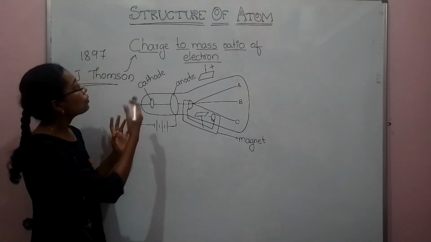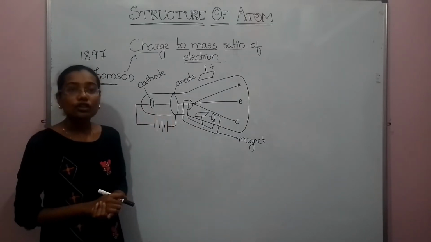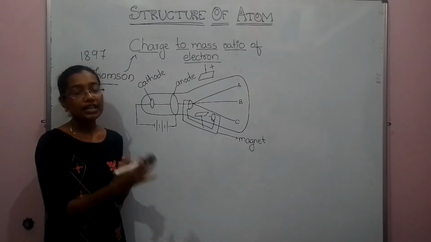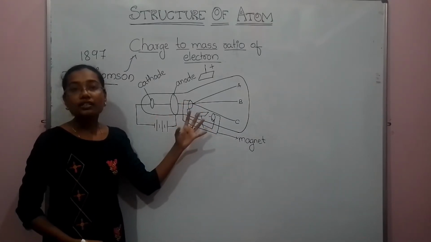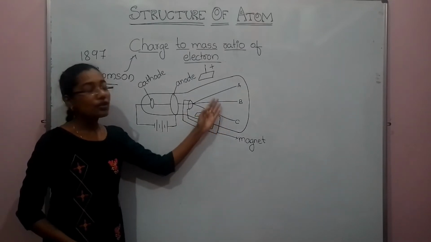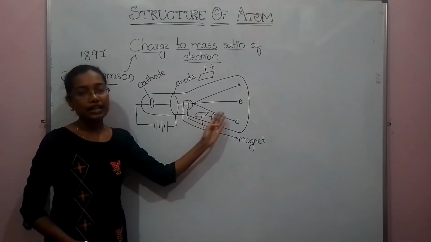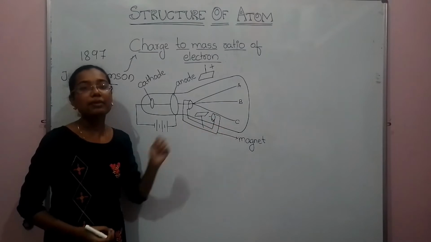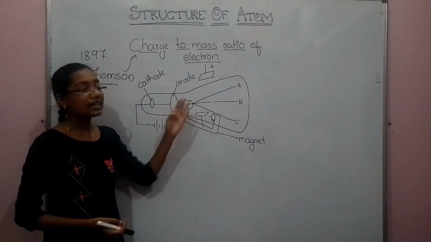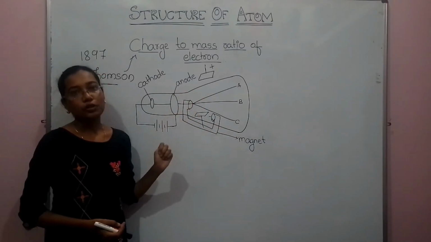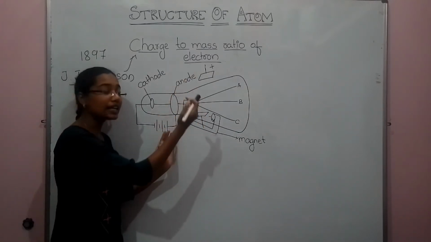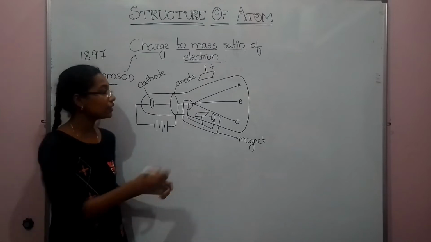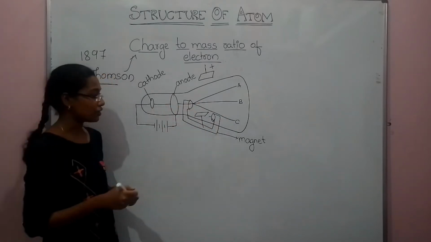Now, what Thomson did is he said that the extent of the deviation of the path of electrons depends on the strength of the electric and magnetic fields. Here, he applied both electric and magnetic fields perpendicular to the path of the electrons.